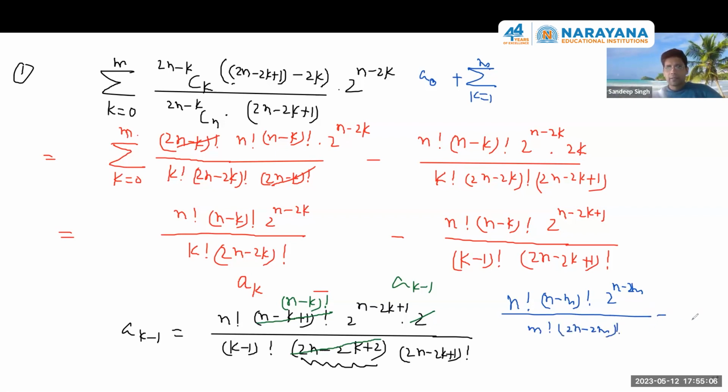This minus, then put k equal to 0. So this is going to be n factorial 2 power n. If you put k equal to 0, this term is itself 0. Can you check? If k is 0, this term is 0 itself. So this is the final answer.